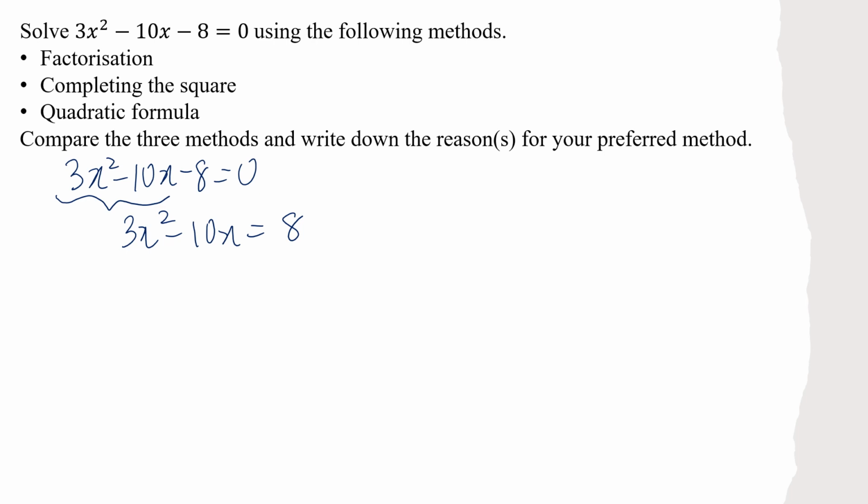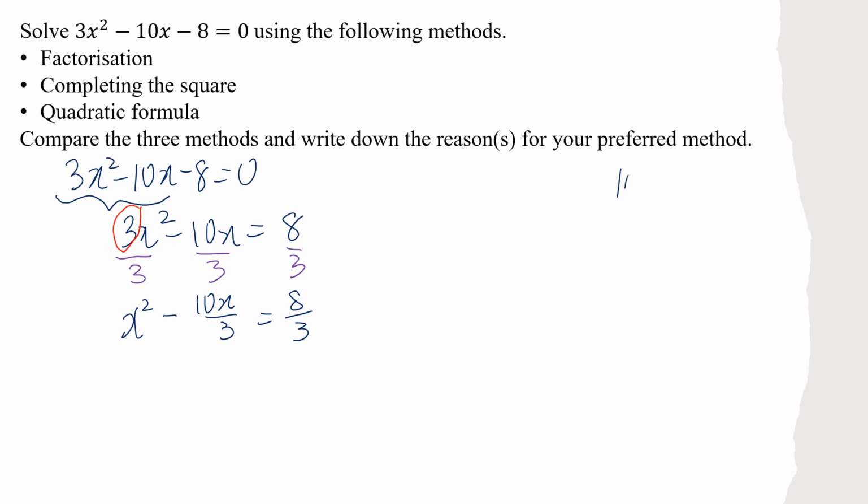Okay, right, and bear in mind that to apply completing the square, the coefficient of x squared must be 1. So if you look at it now, it's not 1, it's actually 3. So how do I make it to be 1? I would have to divide every term by 3. Okay, so from there I'll end up getting x squared, then minus 10x over 3 equals to 8 over 3.